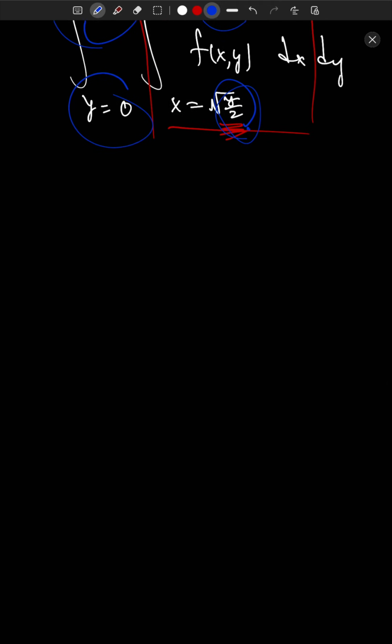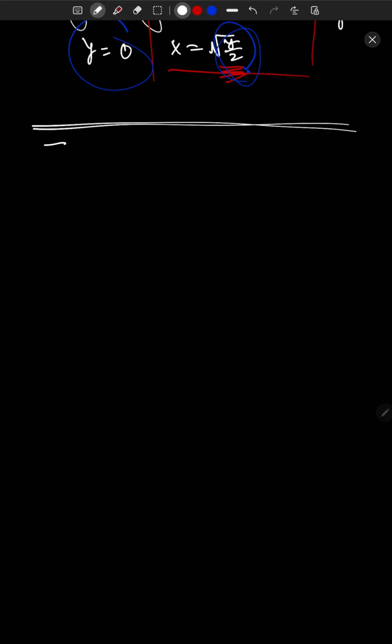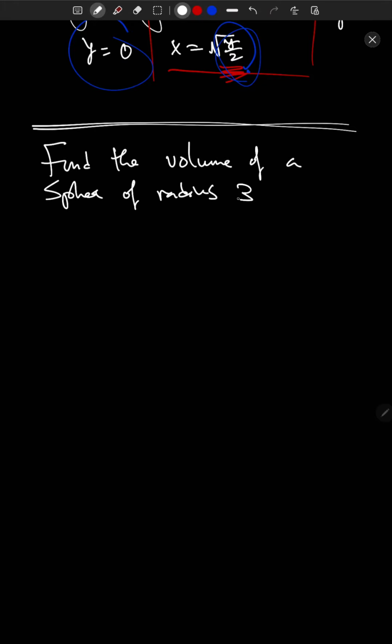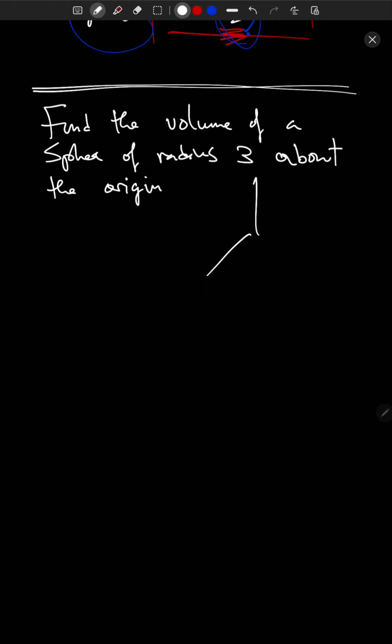All right, let's set up and find the volume of a sphere of radius 3 about the origin. We want to set up an integral that represents its volume.